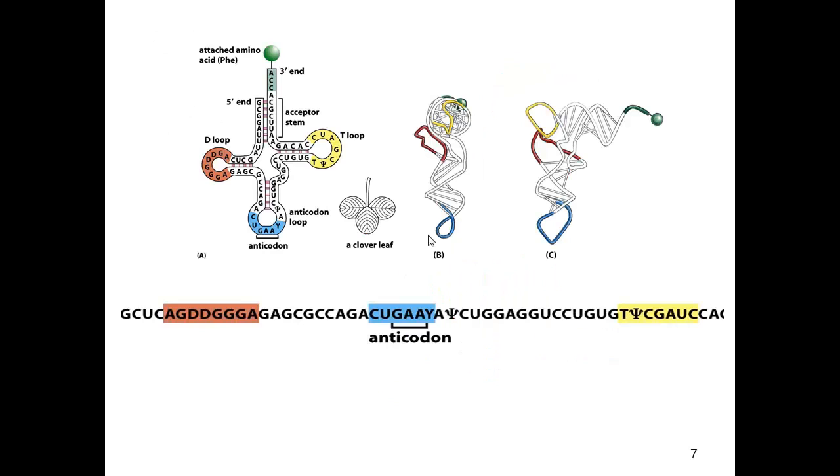So in this slide we see a more realistic depiction of tRNA structure. You can see it has sort of a cloverleaf type structure here when unfolded, and that's the purpose of this little picture. Here's the anticodon, anticodon GAA. This is the anticodon for the amino acid, which is located here, of phenylalanine.